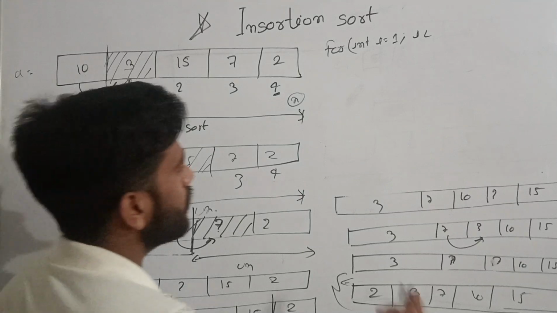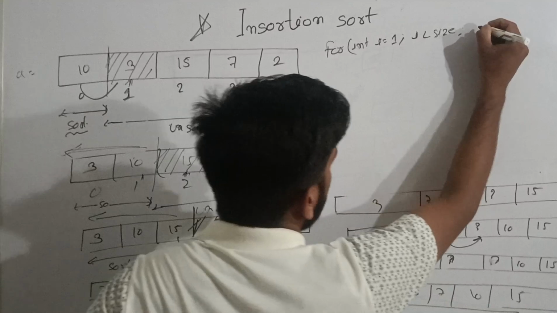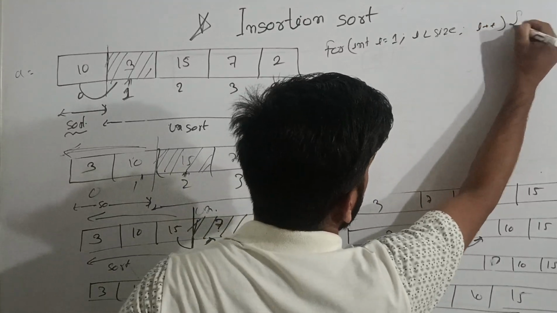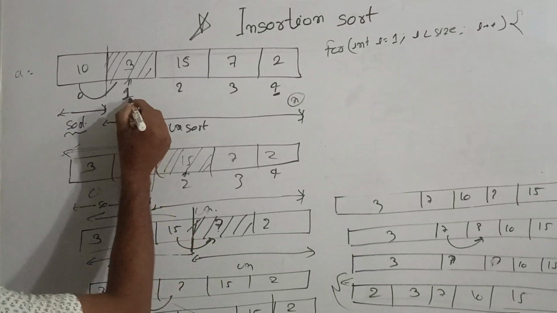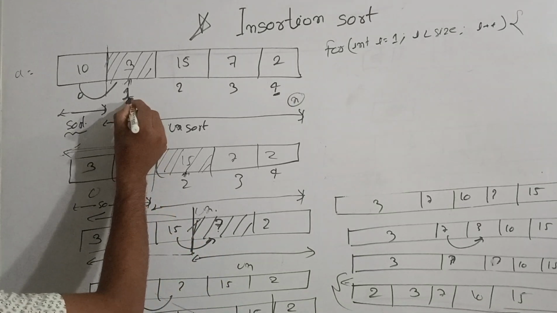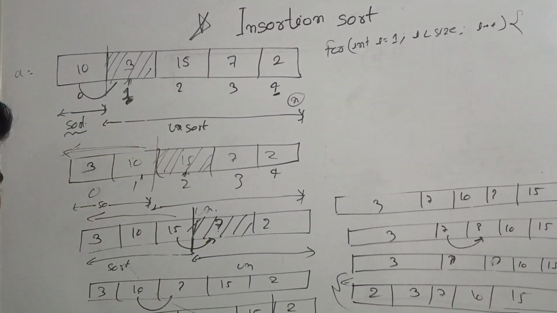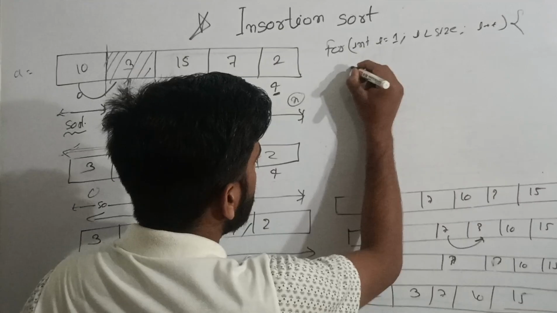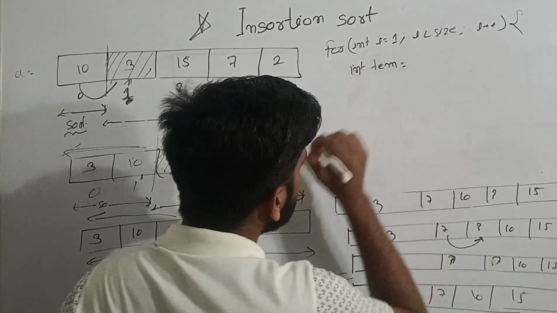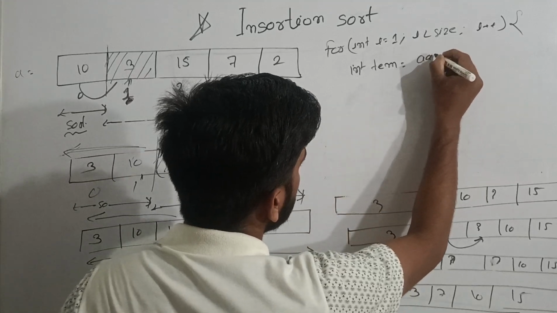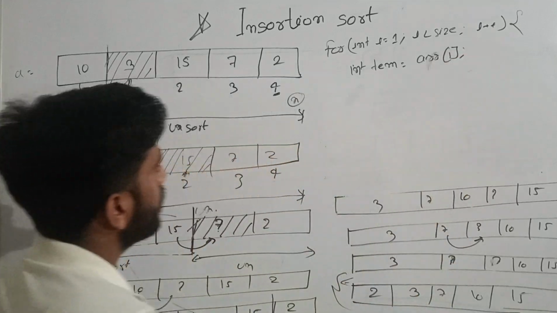Here I will write size, and i plus plus. Now the first work we have to do is copy from the unsorted data into the temp variable. Create a temp variable, and copy the array of i into it.